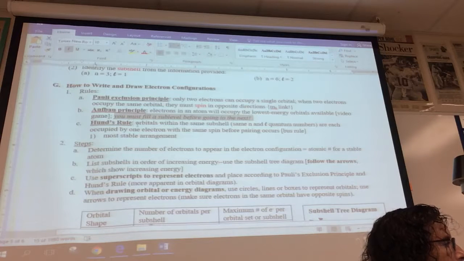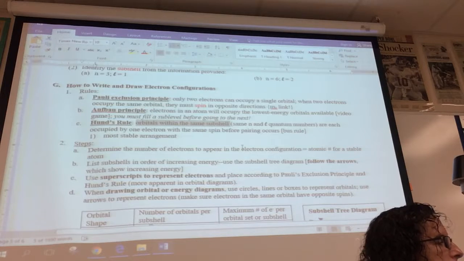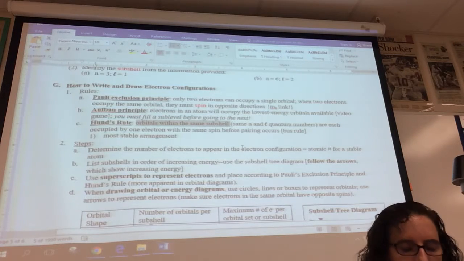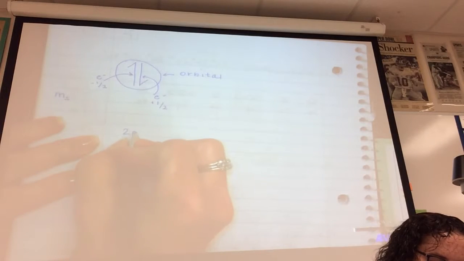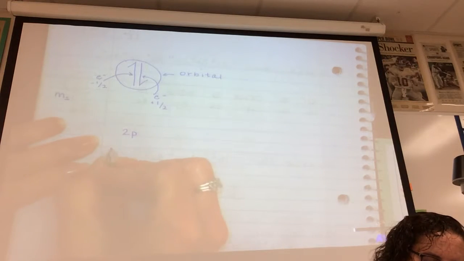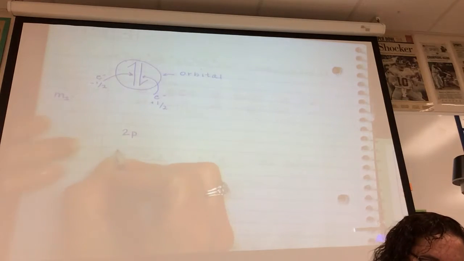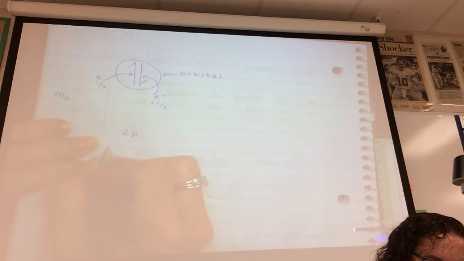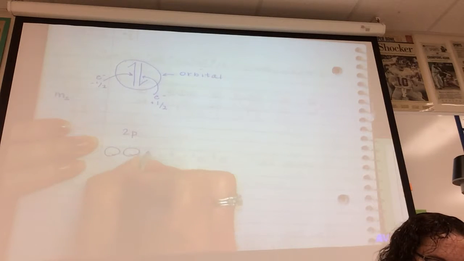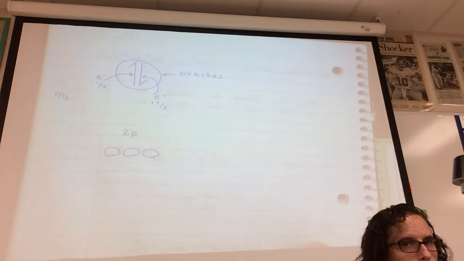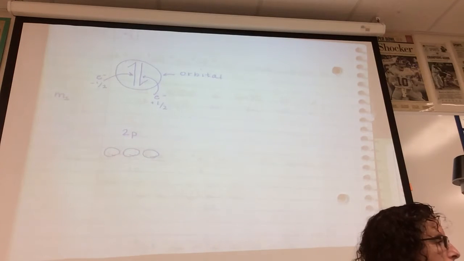Hund's rule. Hund's rule says that orbitals within the same subshell, that is to say, if you had subshell 2p, you're going to see the quantum number link in a minute. You would have 1, 2, 3 orbitals, and I'll show you how to figure this out in a few minutes.